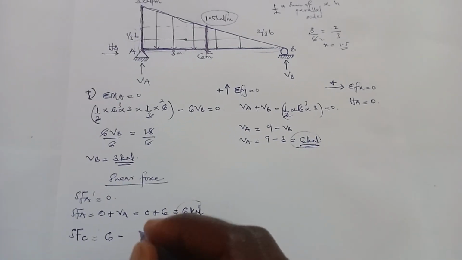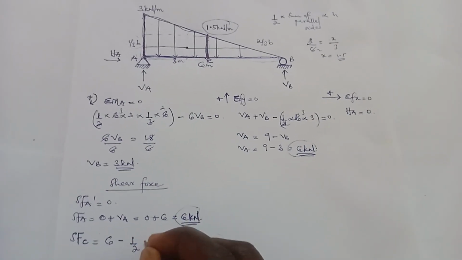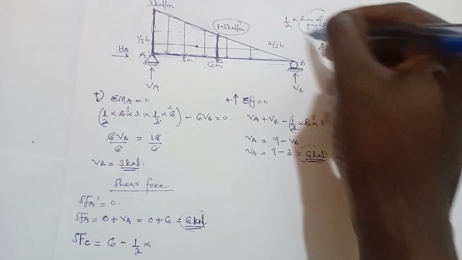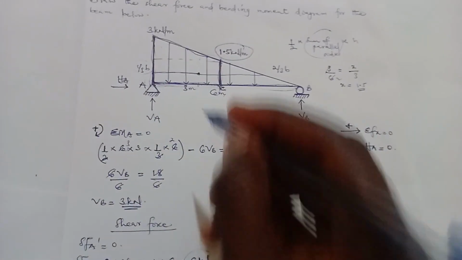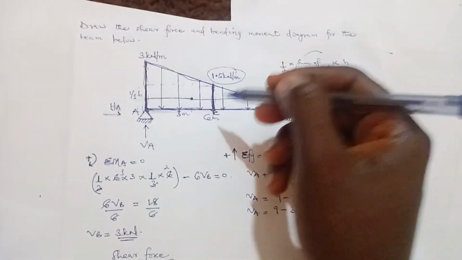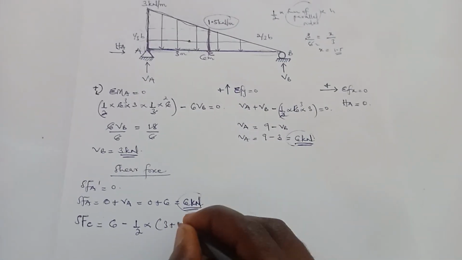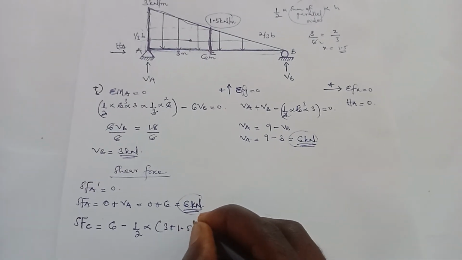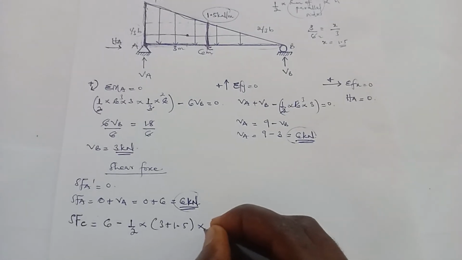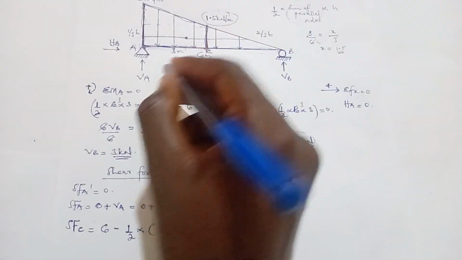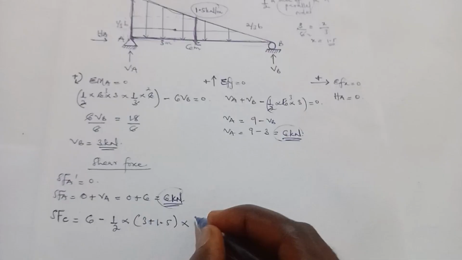So the area of the trapezium is half of the sum of the parallel sides. So this is going to give us 3 plus 1.5 times the perpendicular height. The perpendicular height is going to be 3.